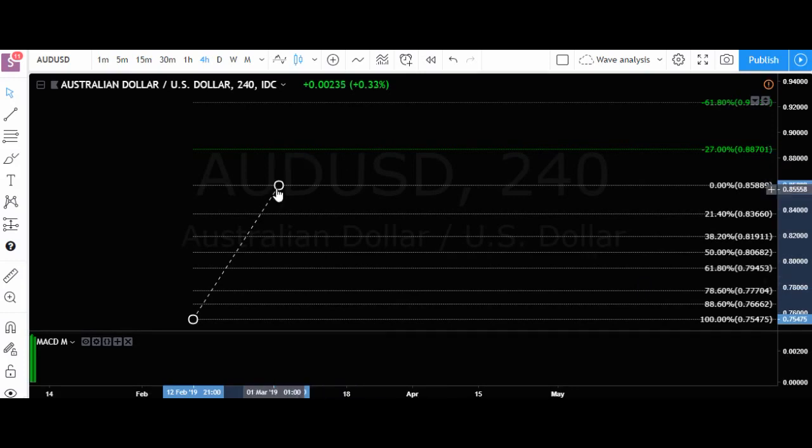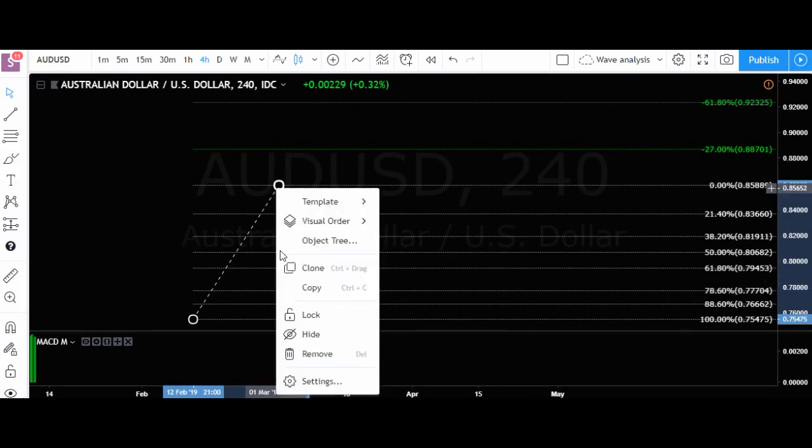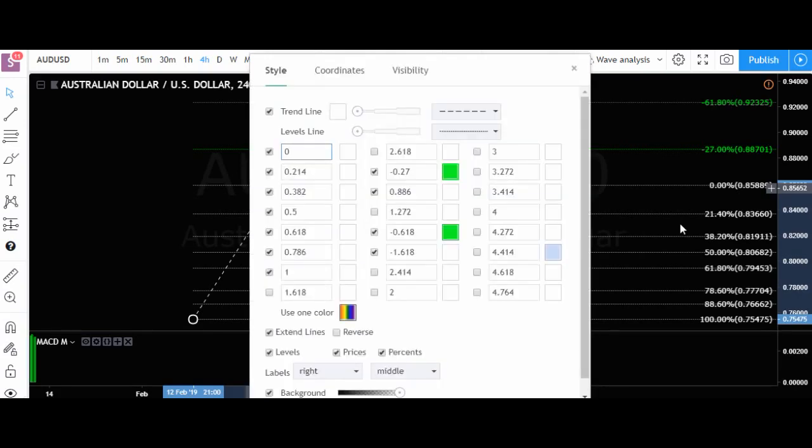I've got the Fibonacci, and I just want to go to the settings quickly, and you guys can also write this down, the levels that we will be using. The levels that we normally use are the 21.40% pullback, the 38.20% pullback, the 50% pullback, and then your 618 pullback, your 786 pullback, and I like to just have the 88.60 pullback, and then obviously you get your 100% pullback.